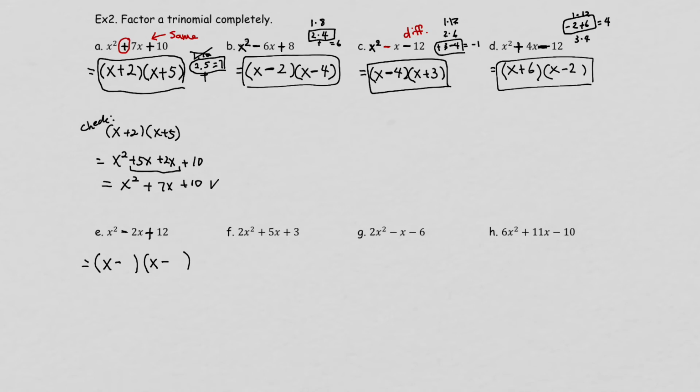I have options of 1 times 12, 2 times 6, 3 times 4. Because it's same sign, there's no way that I can get an addition of 2, right? If I add these 2 numbers, it will be 7. I add those numbers, 8. That will be 13. I cannot get negative 2. So this one is something that I cannot factor. When you cannot factor, then you will just say this is prime.